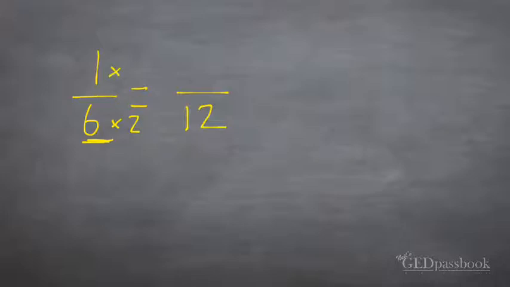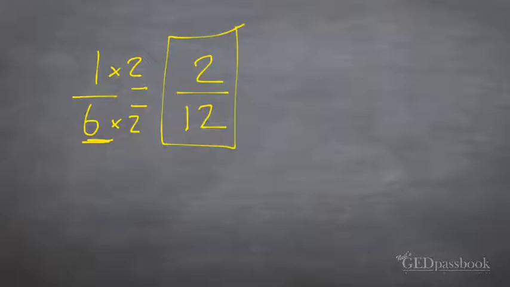Well, whatever you do to the bottom, you do to the top. That's a famous little saying in math, especially with fractions. Whatever you do to the bottom, you got to do to the top. So, what's 1 times 2? 2. Look at that. You found your missing piece, and you just found the equivalent fraction to this original fraction right here, 1/6.